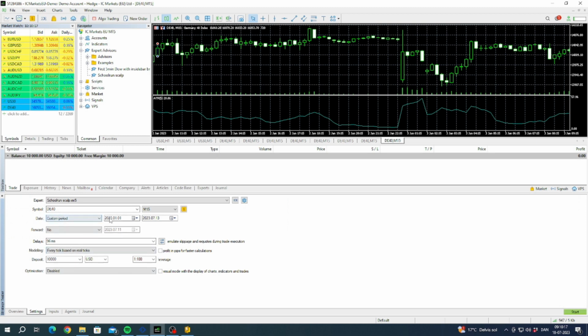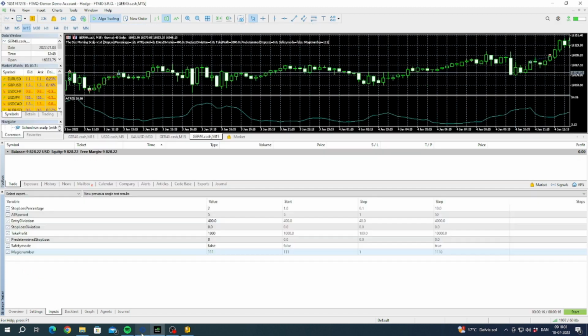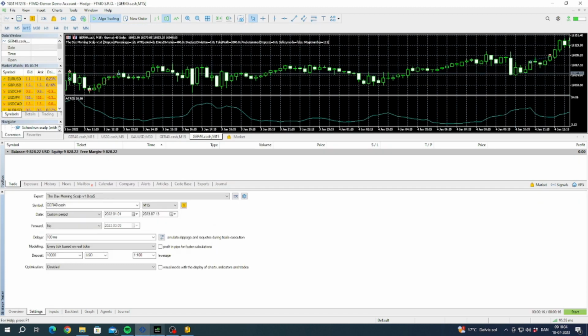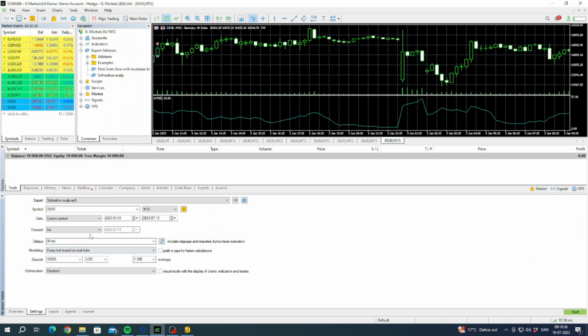And you can see here I've used the beginning of 2023 as the starting point on IC Markets instead, because they will actually not allow me to have as much real-tick data as FTMO does. So here I only have about 7 months of real-tick data. And you can see here the symbol for the German DAX index is DE40 on IC Markets. Just be aware of that.